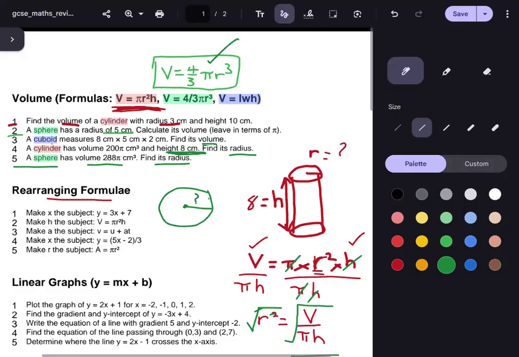You've been given V in the question here. No, we're using this one and that formula. Okay.